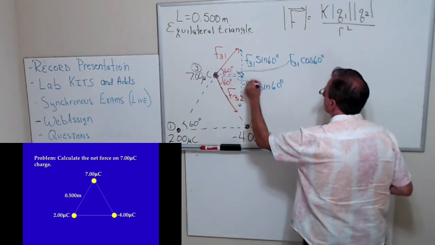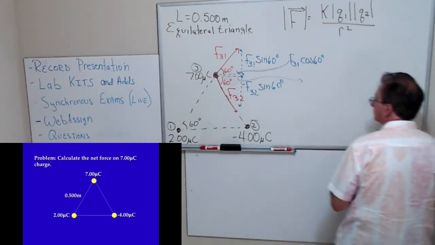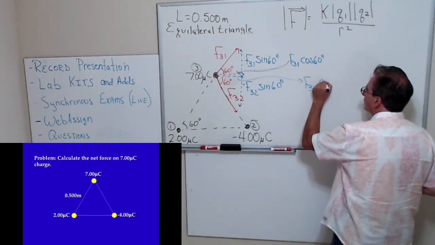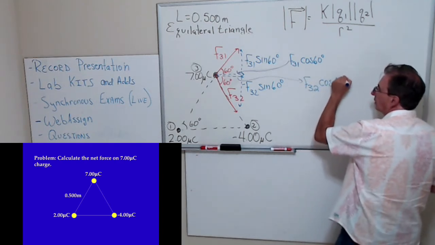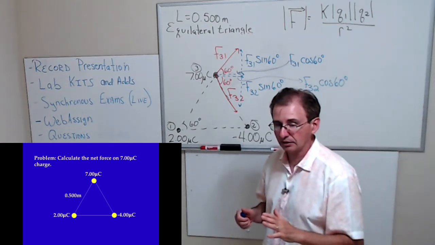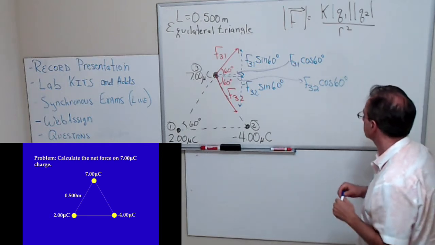And this one is going to be F3,2 cosine of 60. So just follow the process I listed there systematically to do these.